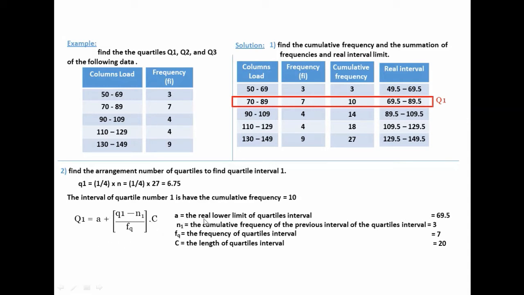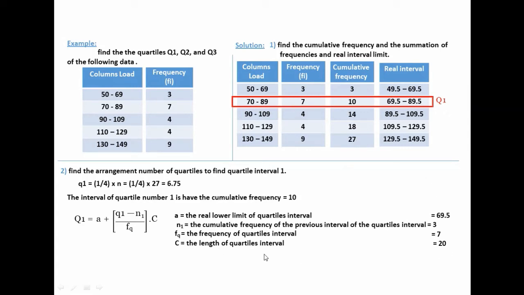In this formula, A is the real lower limit. You can put a small l here, but we can represent this by any variable. Suppose A represents the lower limit of the class interval. N1 is the cumulative frequency of the previous interval of the quartile interval, which is equal to 3, and you see over here in this example, this is the cumulative frequency of the previous interval. FQ is the frequency of the quartile interval, which is 7.